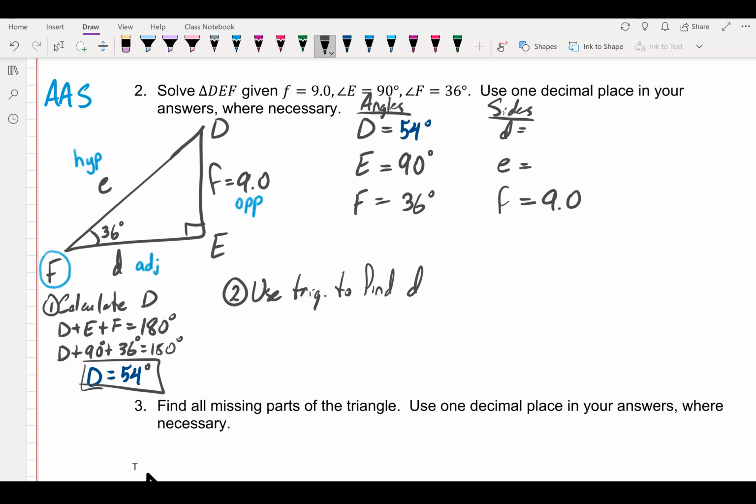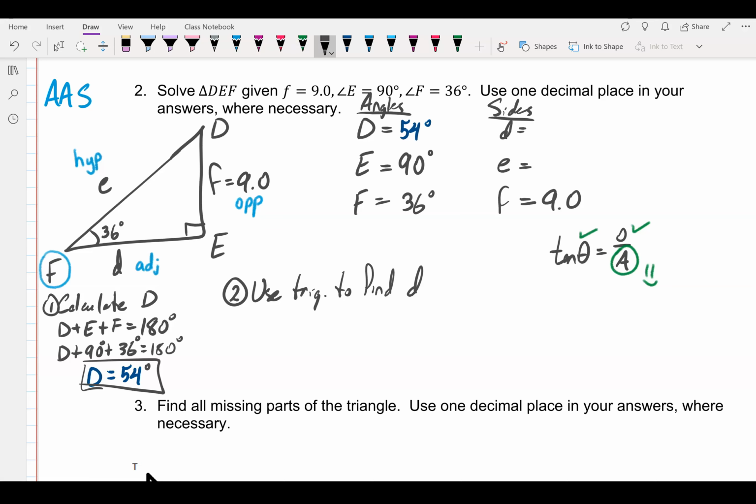All right, so just follow me here. We know that tan theta equals the opposite over the adjacent. Let me just be clear here. In this case, I know the theta, that would be 36. I know the opposite, that would be 9. And I'm looking for the adjacent, so I can solve for that. So if I only have one unknown, I can solve.